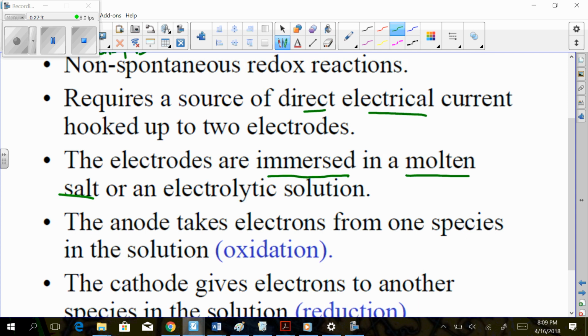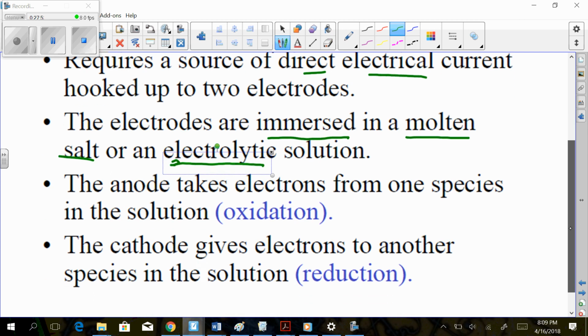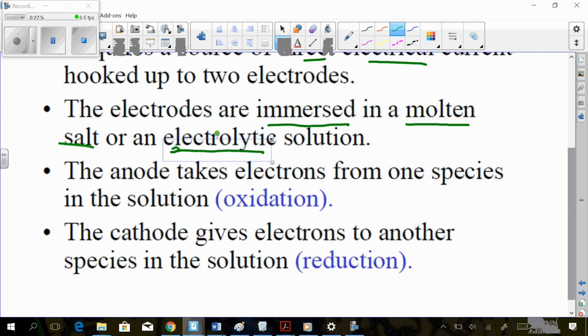If it's a liquid ionic compound, then you have ions flowing, and you need ions to carry the charge. Or you can dissolve that ionic compound in water to make an electrolytic solution. Electrolytic means it conducts electricity. So the anode takes the electrons from one species, the cathode gives it to the other.